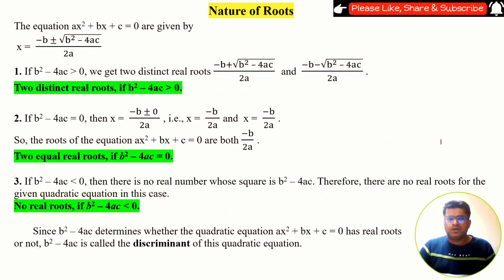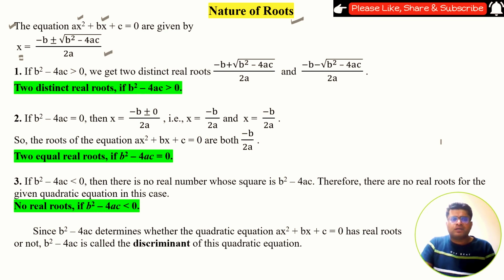Now this is our first topic, nature of roots. If you find the solution of a given quadratic equation, how do you know the nature of the roots? This is the standard form of any quadratic equation, and the value of x is x equals minus b plus minus under root b square minus 4ac by 2a.